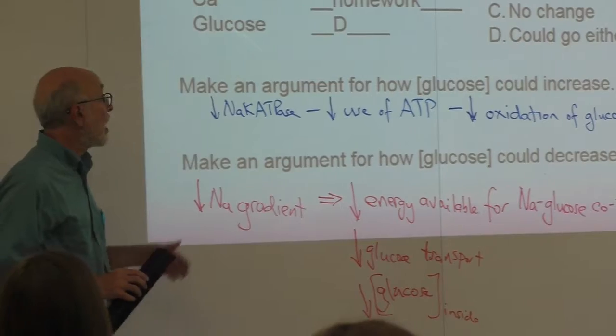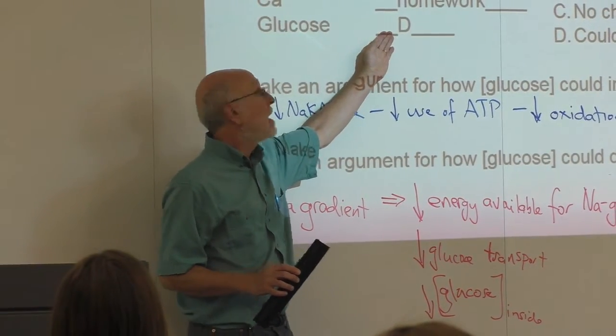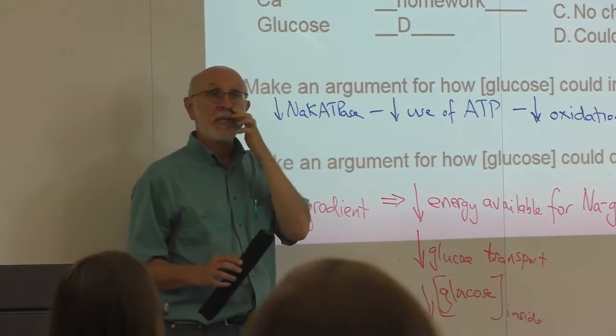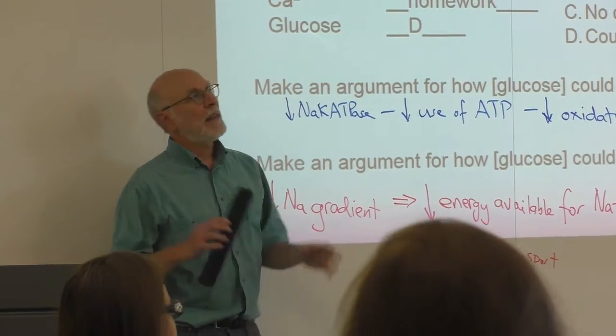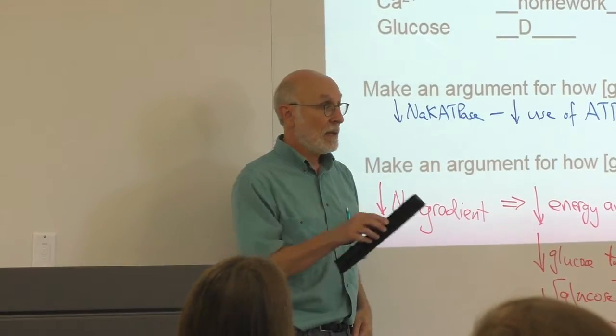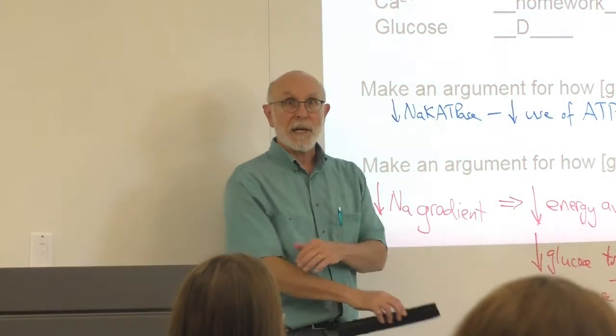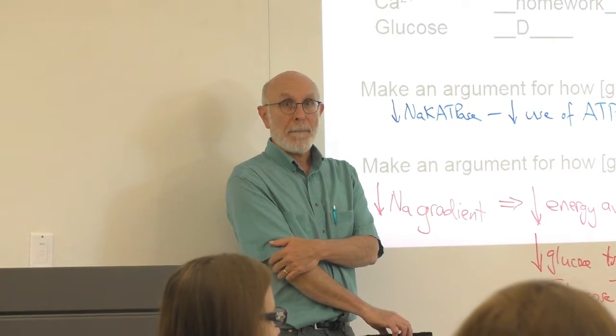Both of these are probably going on, and that's why D was the correct answer. It could go either way. And for C, you could make an argument that they're so perfectly in balance that there was no change. Does that explain? Am I connecting? Am I answering the question?